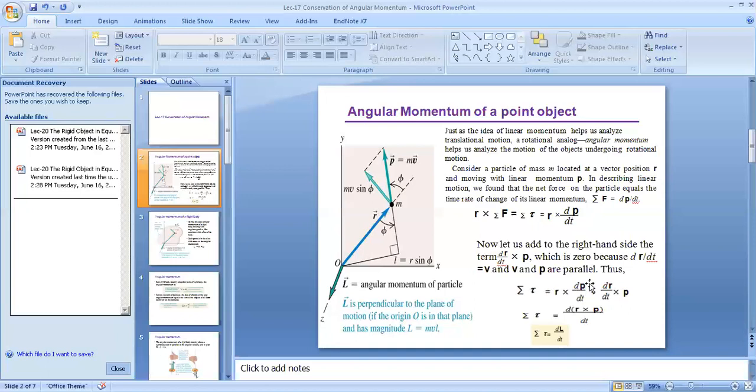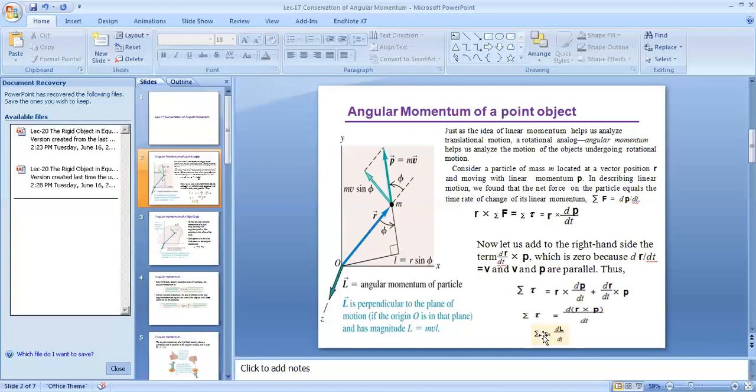Summation tau will be equal to r cross dp over dt plus dr over dt cross p, and this can be expressed in compact form as summation tau is equal to d of r cross p over dt. r cross p is another entity which can be equated to angular momentum L. So we will say that summation tau will become equal to dL over dt. Summation tau is equal to dL over dt.